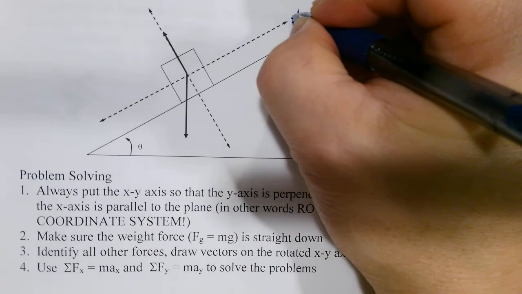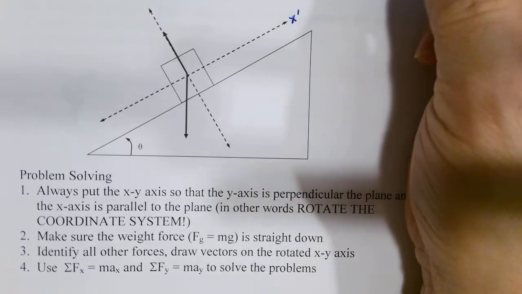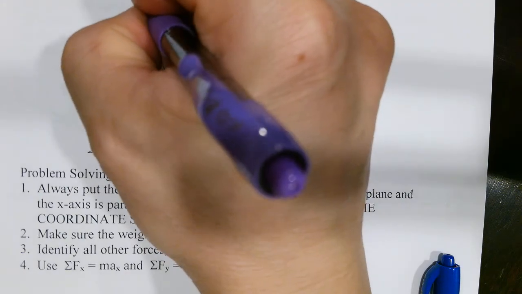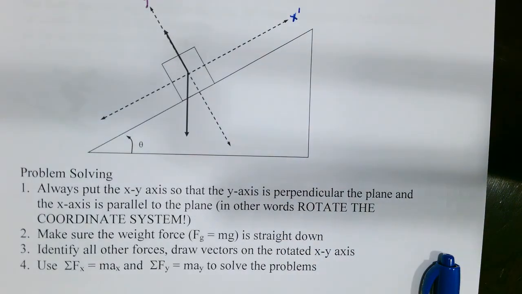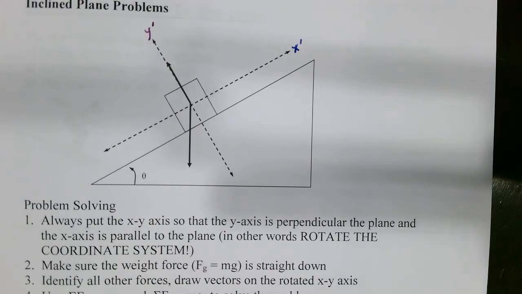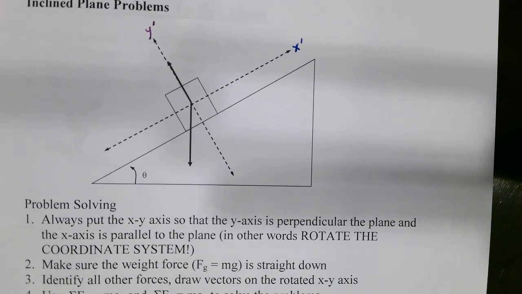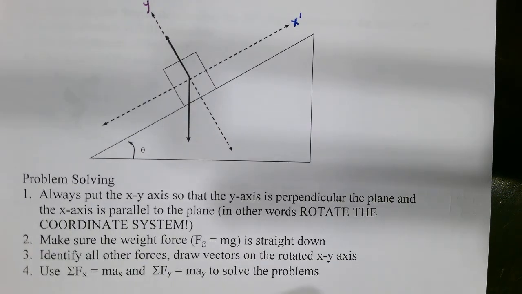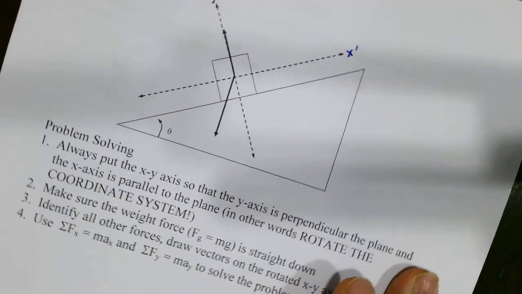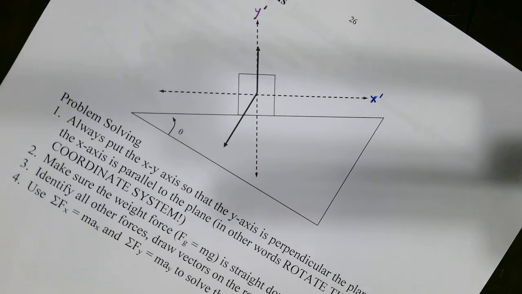That's not a derivative. It's just another form of x, a new x, and this would be the new y, y prime. So it's not a derivative here. It's just a new axis.